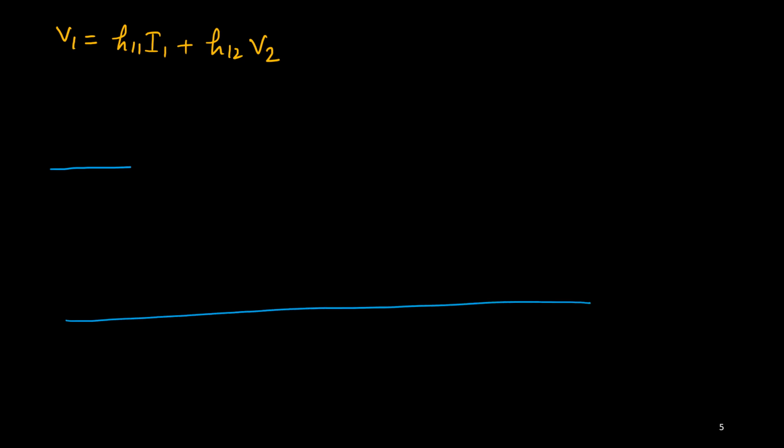This end is V1 and this current is I1. Now you can understand that the left side is voltage, so obviously this should be a voltage, and again this should be a voltage. So the addition of two voltages will give you the total input voltage V1. So this is I1 times H11, obviously it is a resistance or impedance, thus you will get a voltage I into R, right?